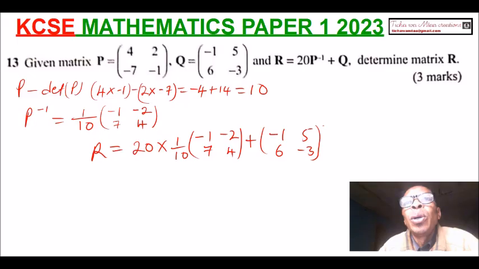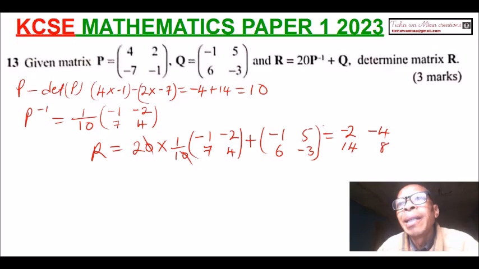So this 10 will disappear with that. Here we multiply by 2, it will be minus 2, minus 4. You open the bracket and multiply each and every element by 2, and that will be 14 and 8. Plus now [-1, 5; 6, -3].